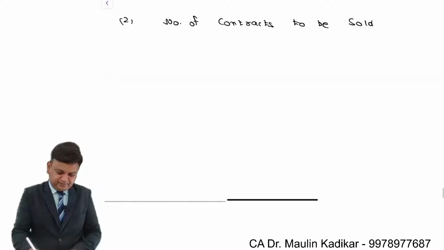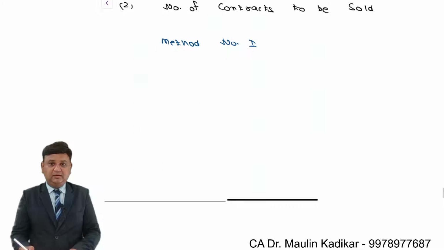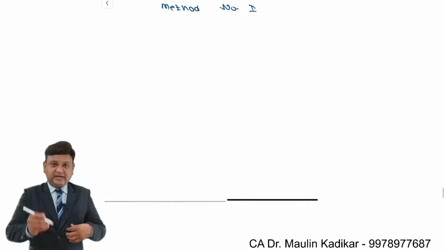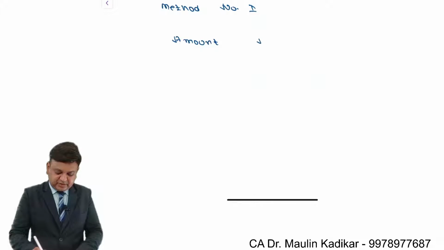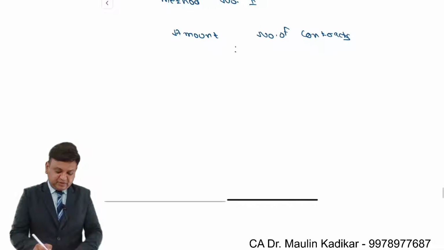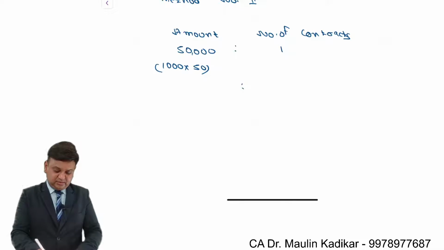Precisely, in method number 1, using the first calculation, it is the amount and number of contracts. 1000 into 50, that is ₹50,000, is the futures index value, and that is equal to 1 contract.